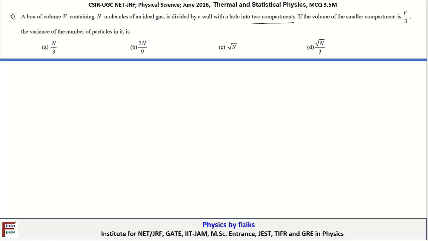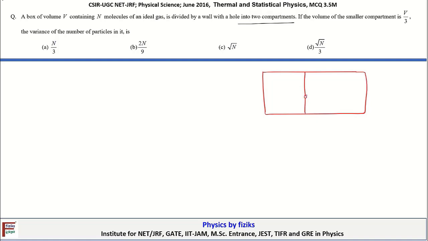Okay, so we have a box whose total volume is V. This is divided into two parts by a wall having a hole.